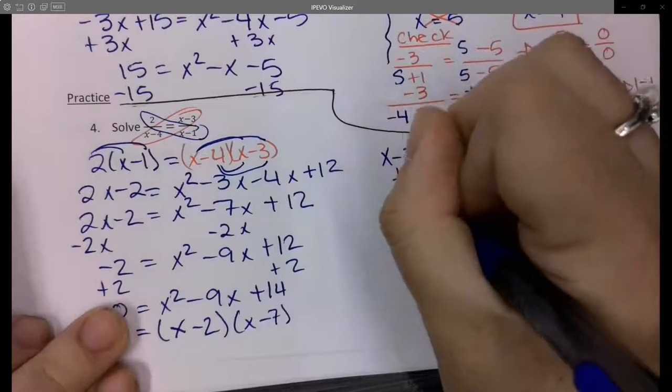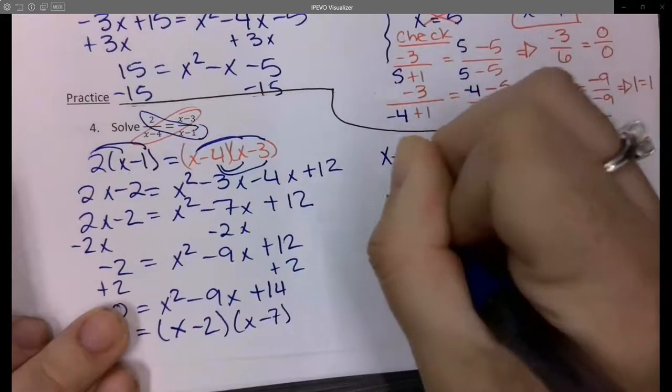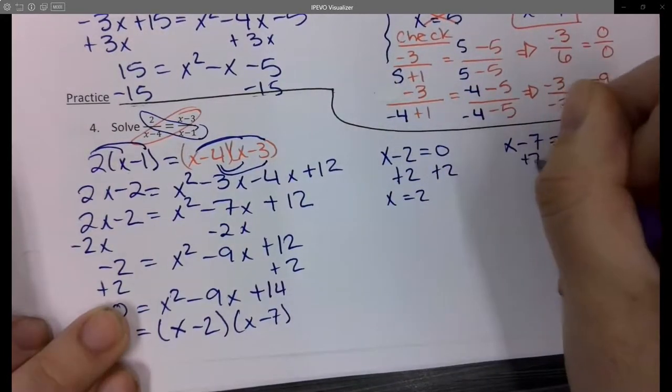This first one I want to add 2 to both sides, so I get x equals 2. The second one I add 7, I get x equals 7.